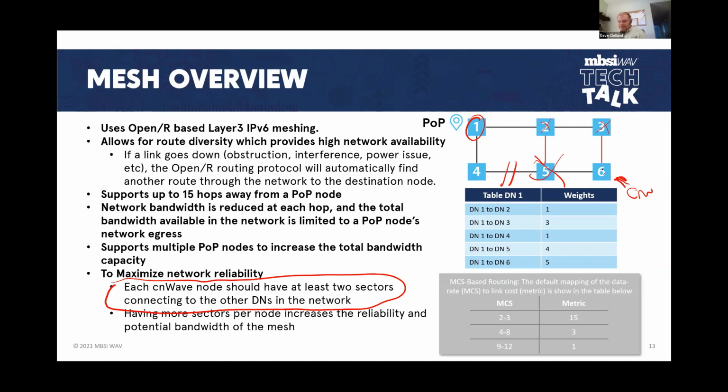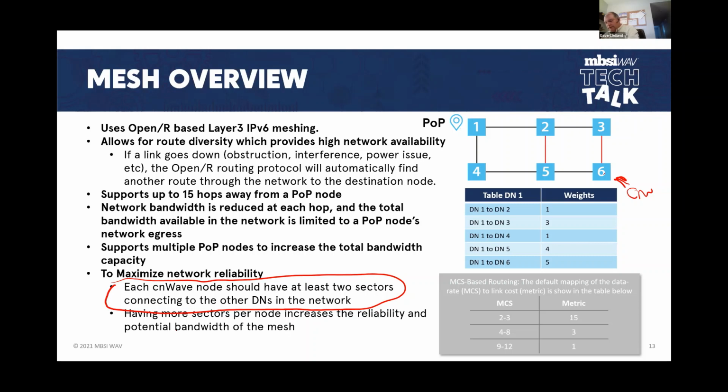But this equipment is relatively inexpensive, and the biggest part of designing the network is actually deciding where my DNs are going to be located. If I do it right, I have this whole mesh arrangement here, and I'm going to have redundancy built into my network. The more sectors I have, the more my reliability increases, and the potential bandwidth of the mesh, of course, as my network gets bigger and bigger.